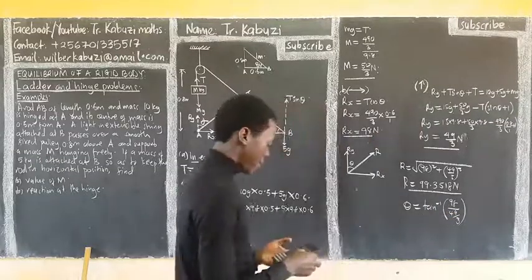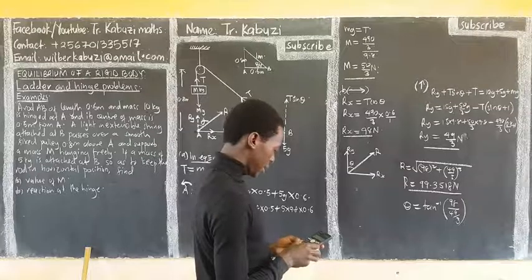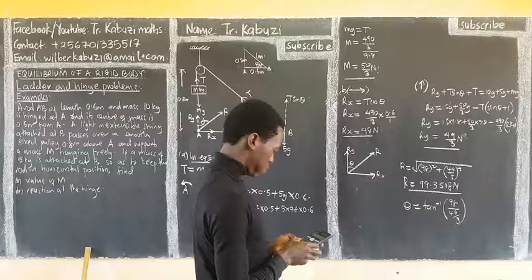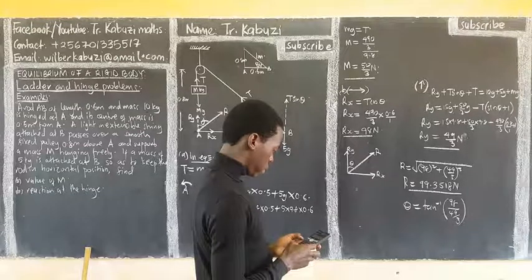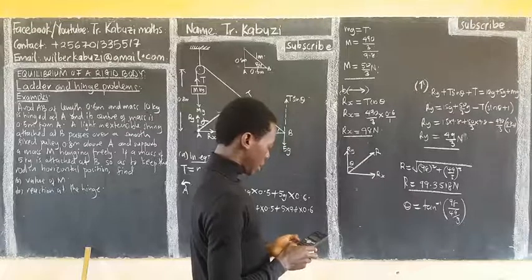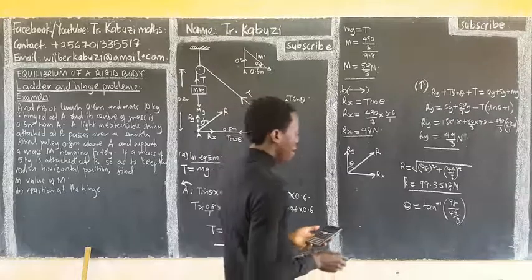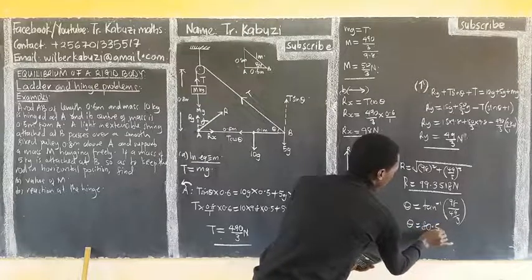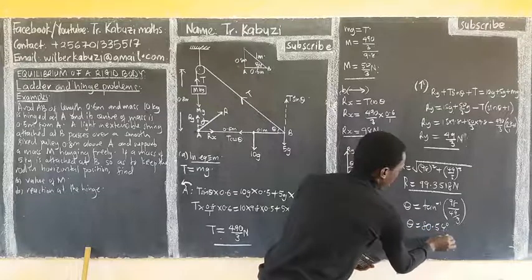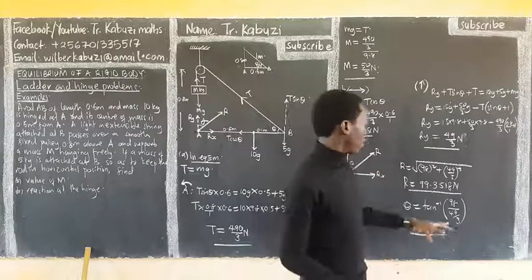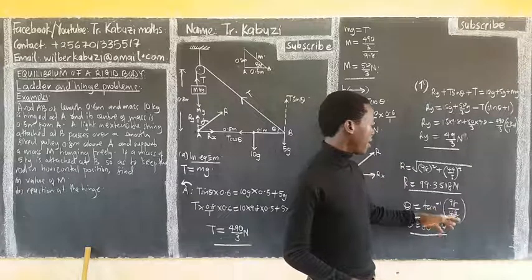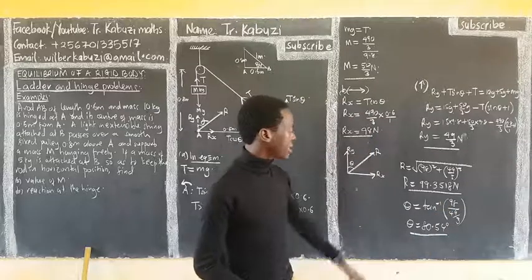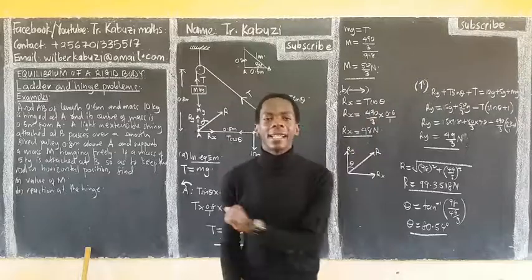And you see you are going to be having 2 over a third. So here our theta would be 80.54 degrees. See that this one was going to be 2 divided by a third, so 2 times 3, which is 6, then tan inverse of that is that. So that's how we handle that.